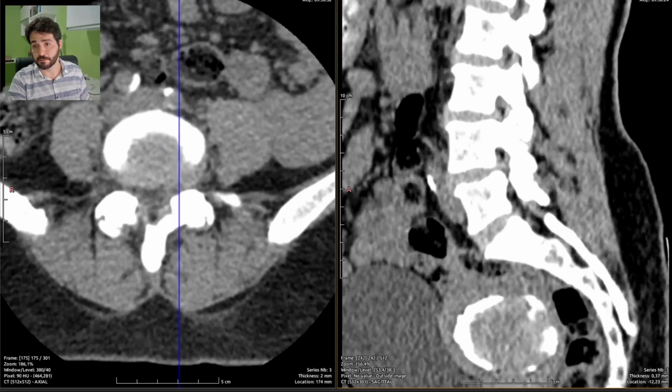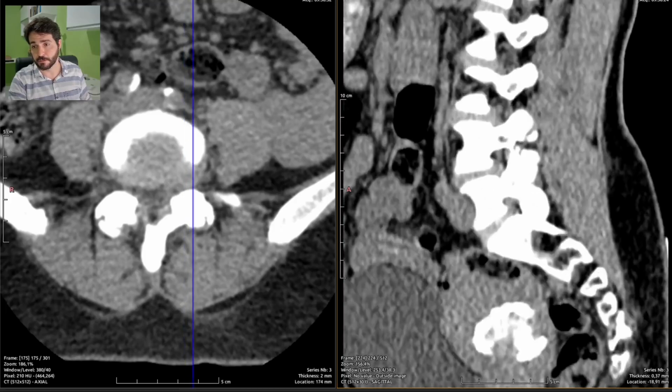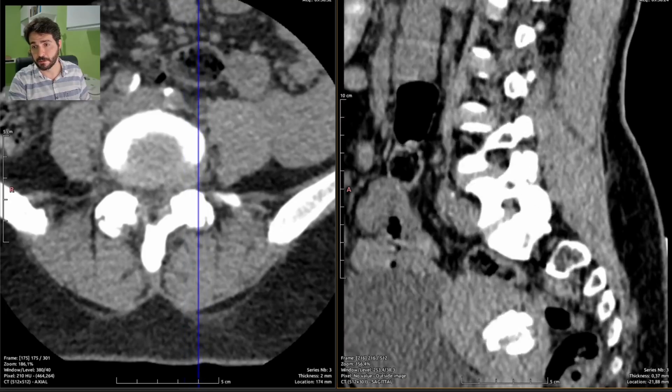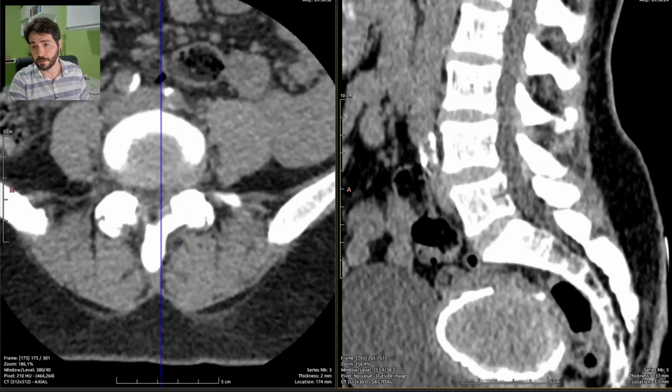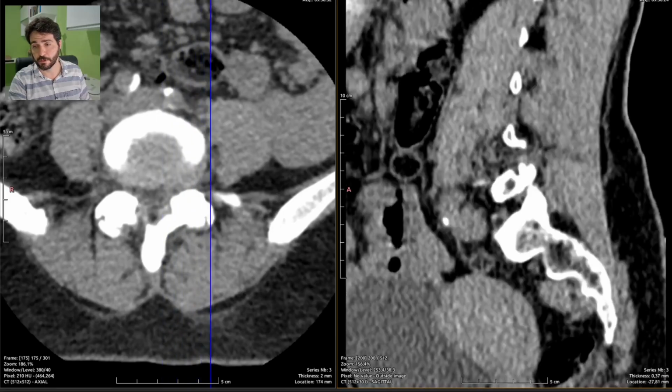As you can see right here, there is a tiny disc extrusion on L5S1 on the left, partially obstructing the left neural foramen, the passageway of the nerve roots on the left.